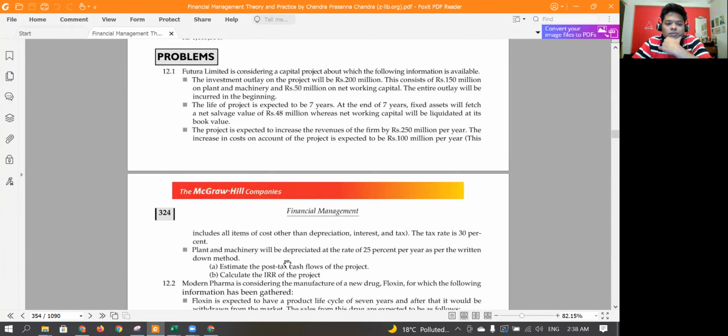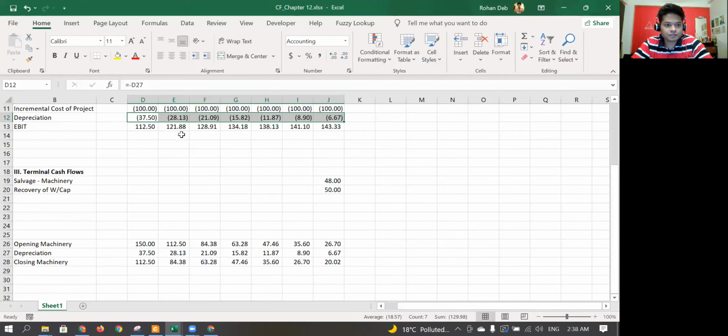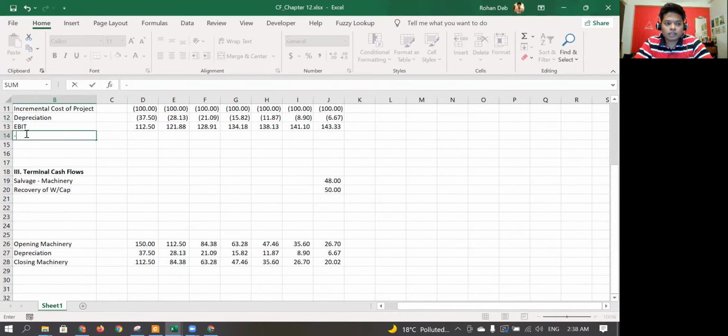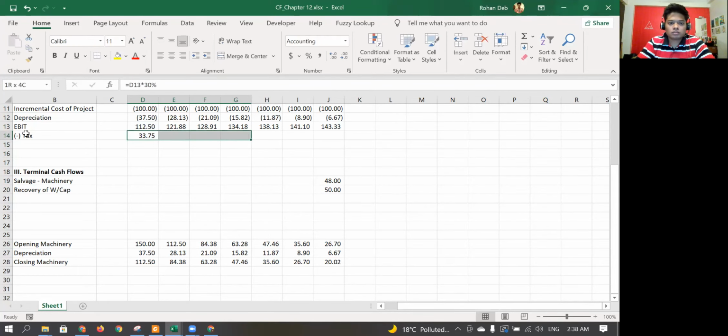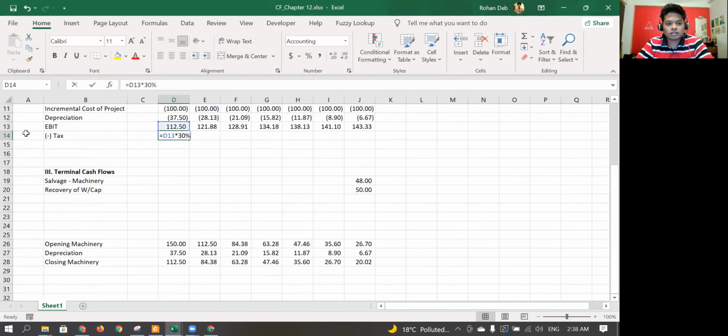Okay. Plant and machinery depreciation 25% written down value method. Estimate the post-tax cash flow of the project and calculate the IRR of the project. So I've done everything. I just need the taxes. Tax rate is given as 30%, equal to this into 30%. Again, I'll put this in negative.